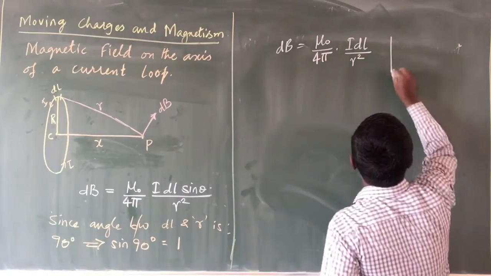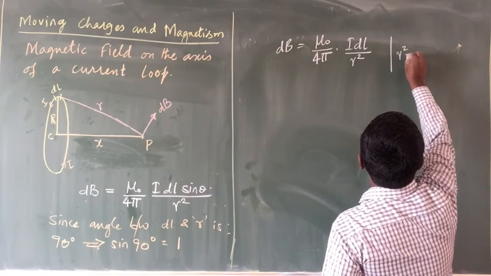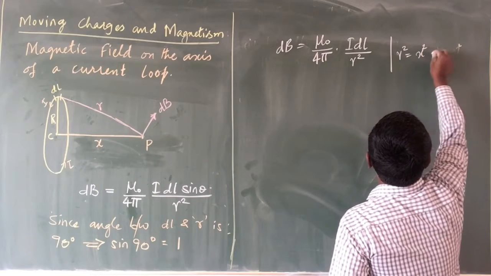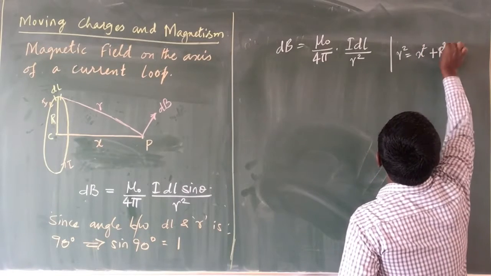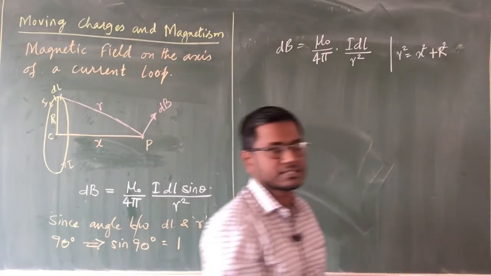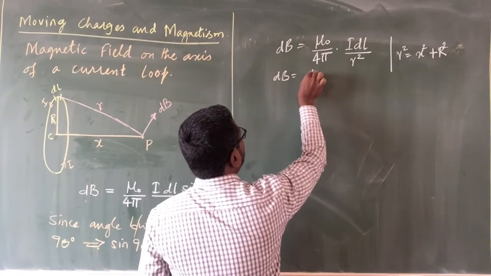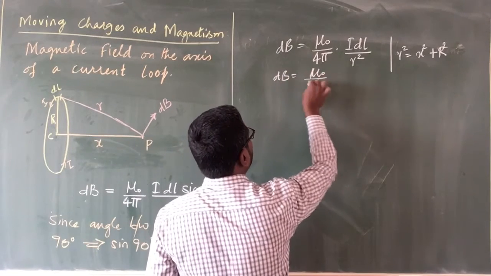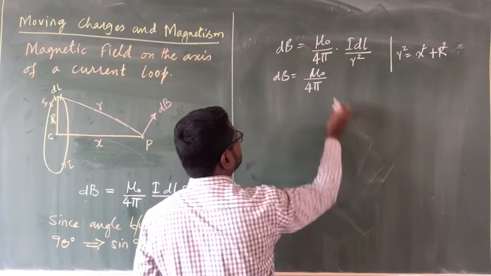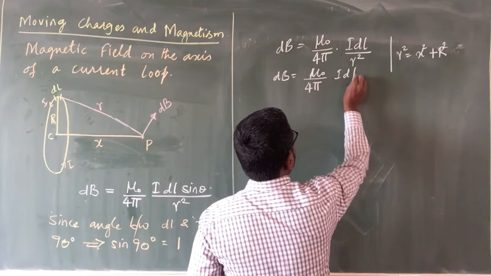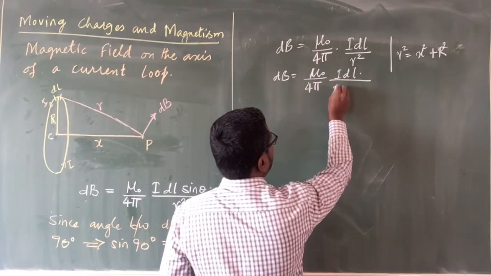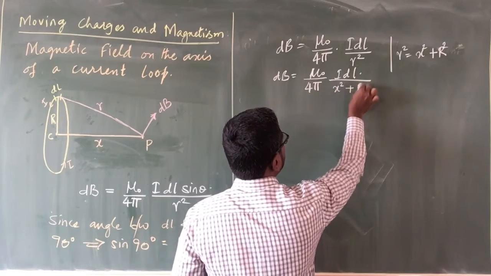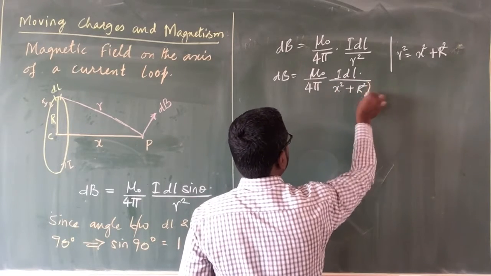Now that r square will be equal to x square plus R square, by the Pythagoras theorem. So dB will be equal to mu naught by 4 pi, I dl divided by x square plus R square.